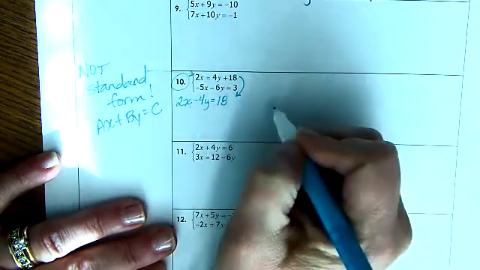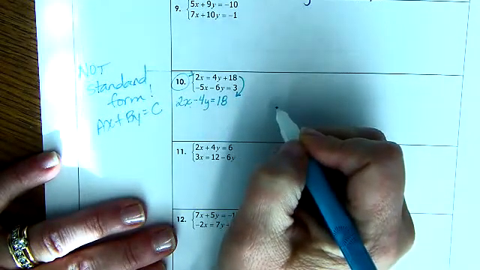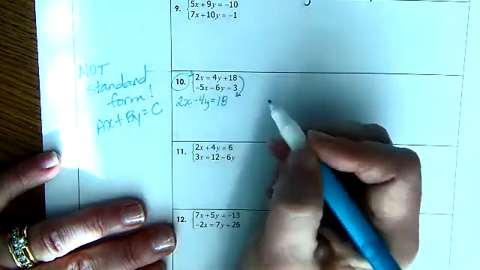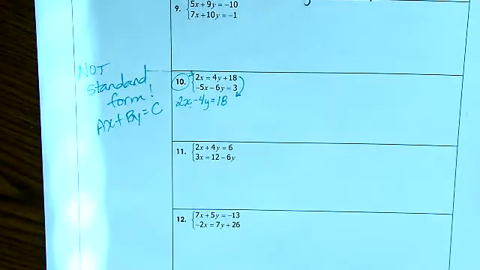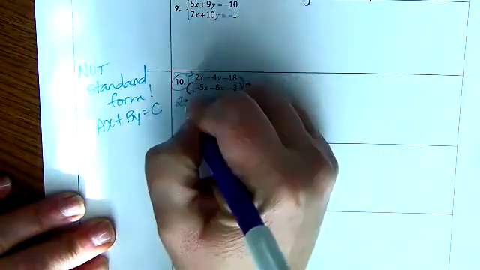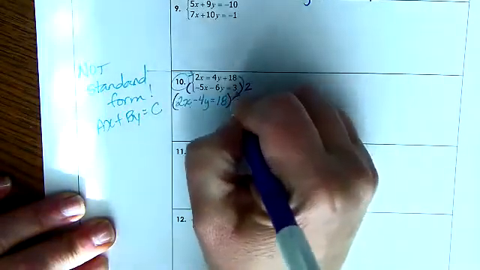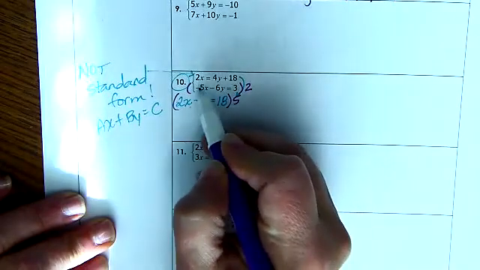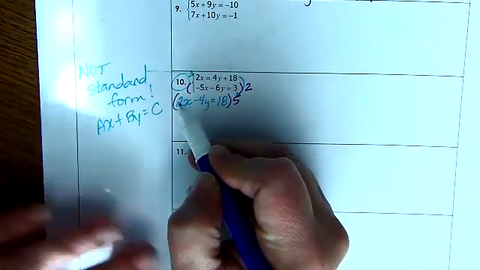So now these are the two equations that I'm looking at. So I'm going to do the 5 and the 2. I'm going to multiply this equation by 2, and I'm going to multiply this one by 5. Notice I don't have to do a negative because this one's already negative and this one's already positive.